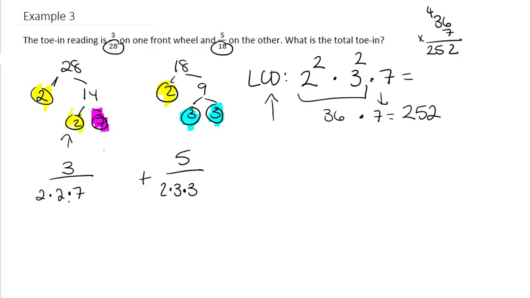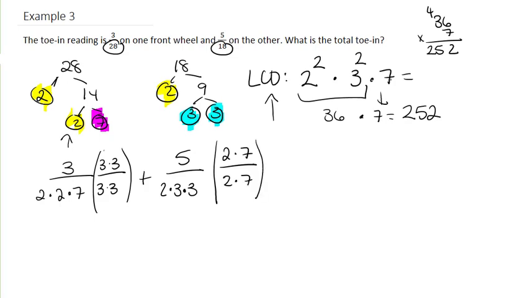So this first number is missing the 2 3's. So what we would do then is multiply it by 3 over 3 on top and bottom. And the second term, we're going to multiply it by a 2 and a 7, as we're missing one of the 2's and we're missing the 7.